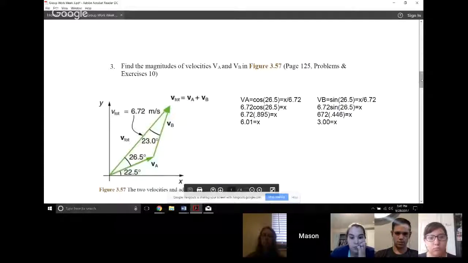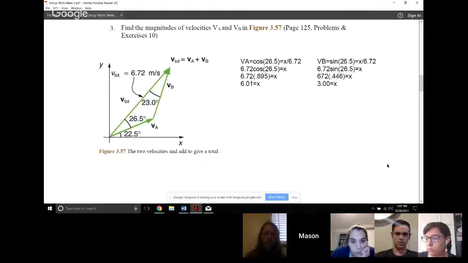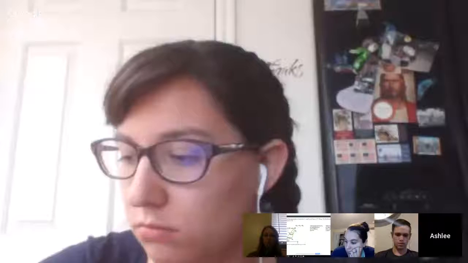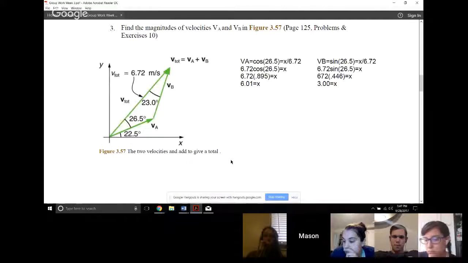Okay, so this is what I got. I was using the law of cosine to find the missing sides. So basically the same thing, just using a little more trigonometry.